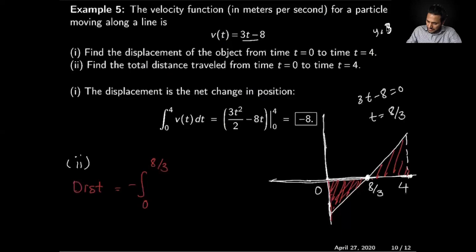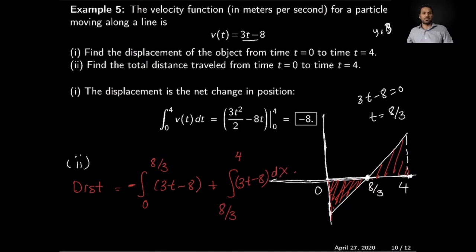So I will put the negative sign here, so 3t minus 8 becomes positive. And then I will add the distance from 8/3 to 4, so this is 3t minus 8 dt.